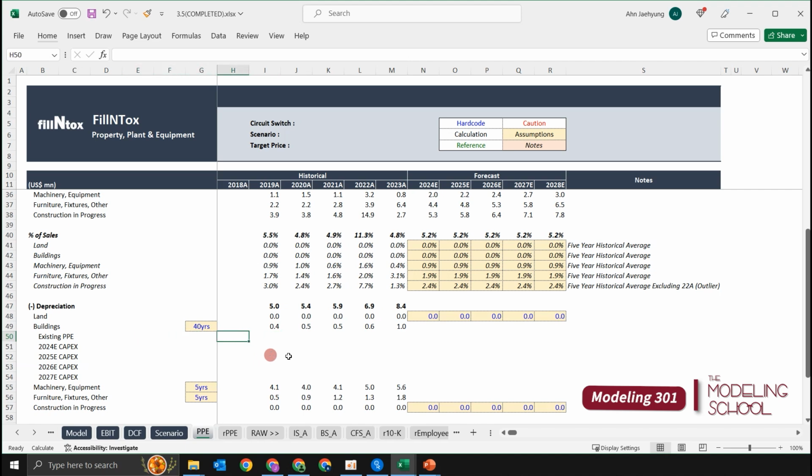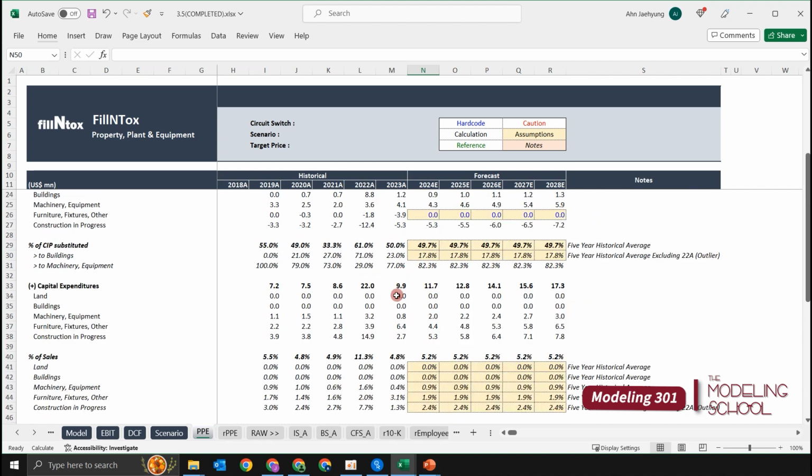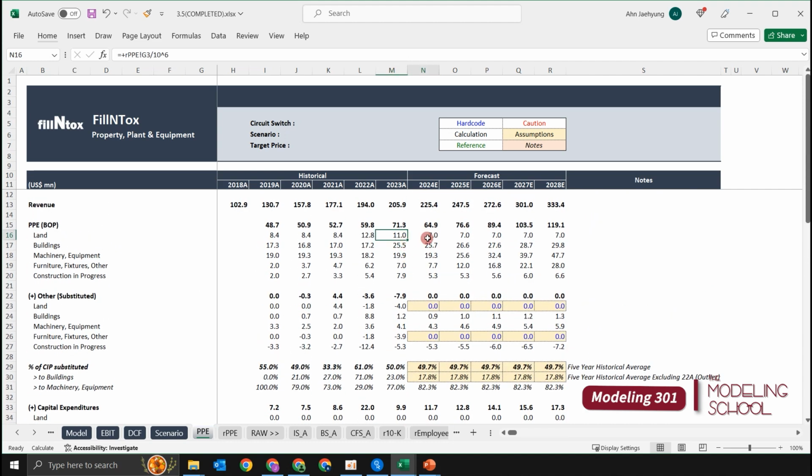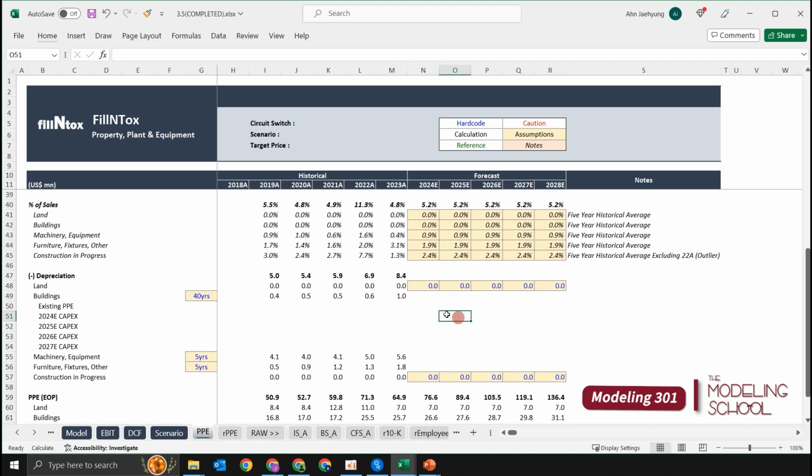So what we're going to do is calculate depreciation for the assets that have already been there. But for additional capital expenditures, we're going to calculate depreciation separately.